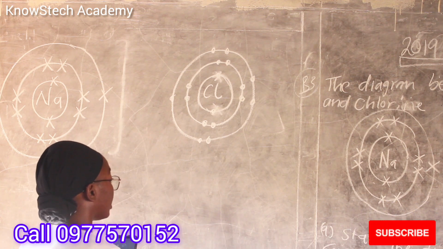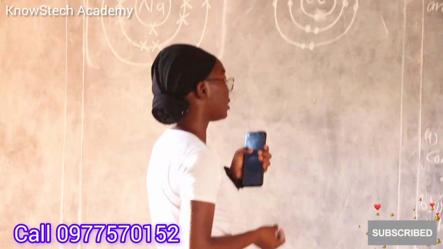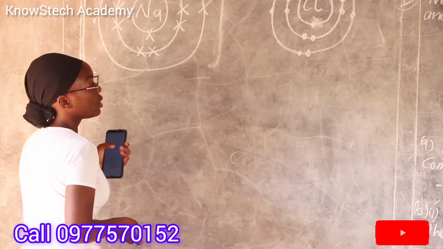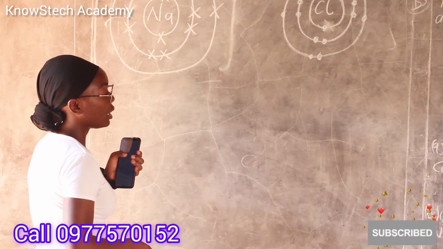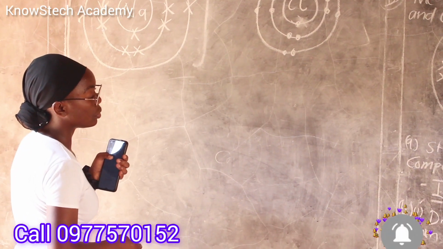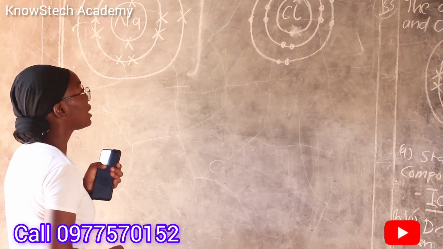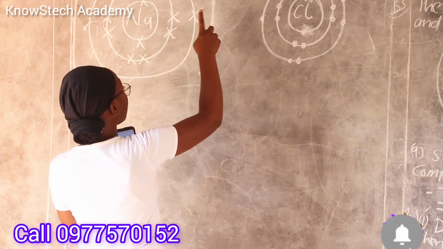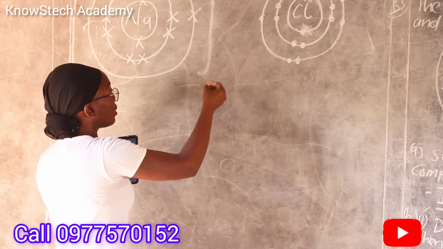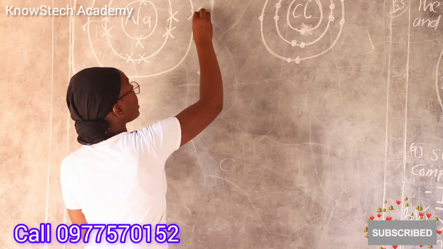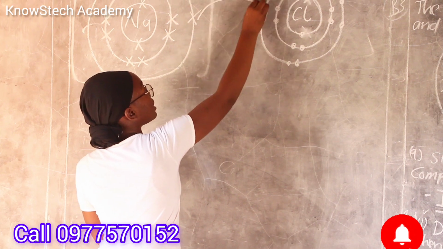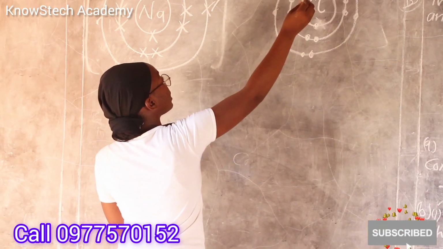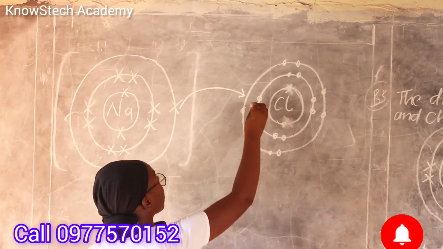So we've drawn the structures. Then what's going to be formed is that sodium is going to give away one electron to chlorine in order to make it stable. So we can use this very same diagram, and just put an arrow here to show that it has shared an electron with chlorine.